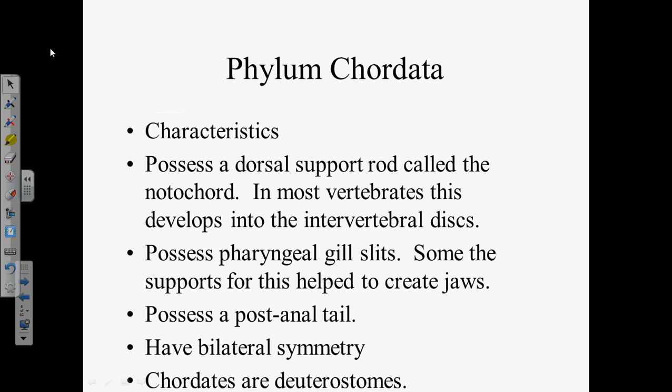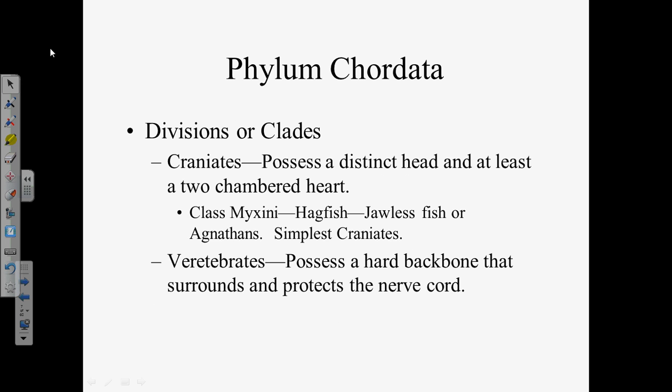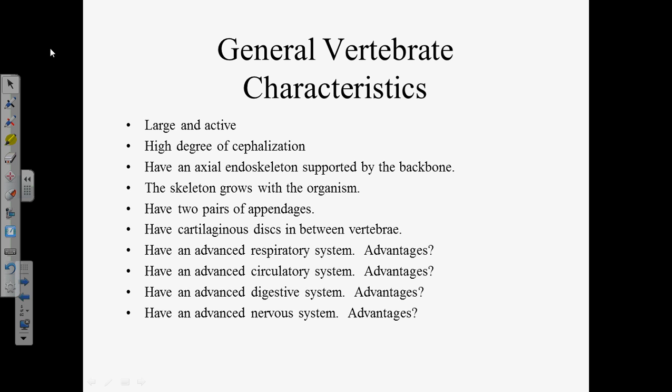For the rest of our time today, we're going to focus on vertebrates. So these are some characteristics of vertebrate chordates. Compared to other animals, vertebrates are large and very active. We have a high degree of what's called cephalization.